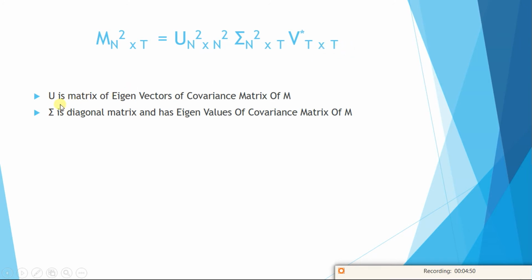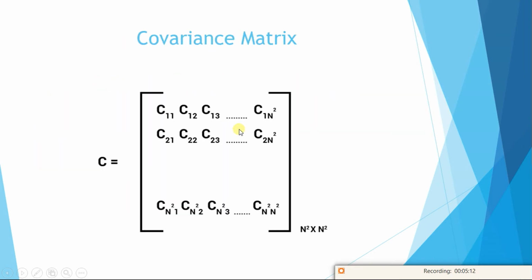Here U is a matrix of eigenvectors of the covariance matrix of M, and we want to find the eigenvectors of the covariance matrix because they are the new principal components. And sigma is a diagonal matrix of eigenvalues of the covariance matrix of M, and they are very useful. When we find eigenvectors, let's go back just for a moment.